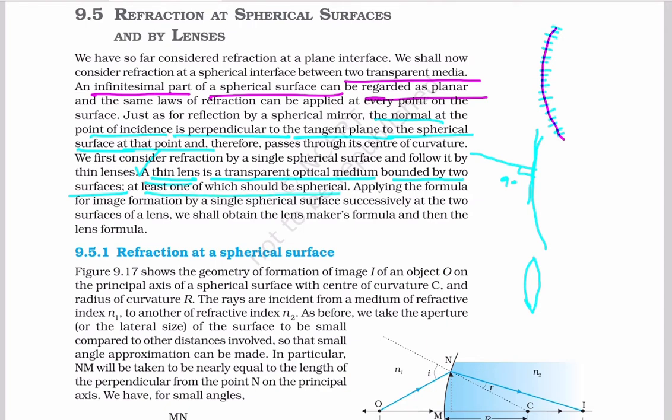It is not necessary that the lens has both surfaces curved. A lens can be like this also. One surface may be plane and the other surface may be curved, and the lens will be like this or like this.